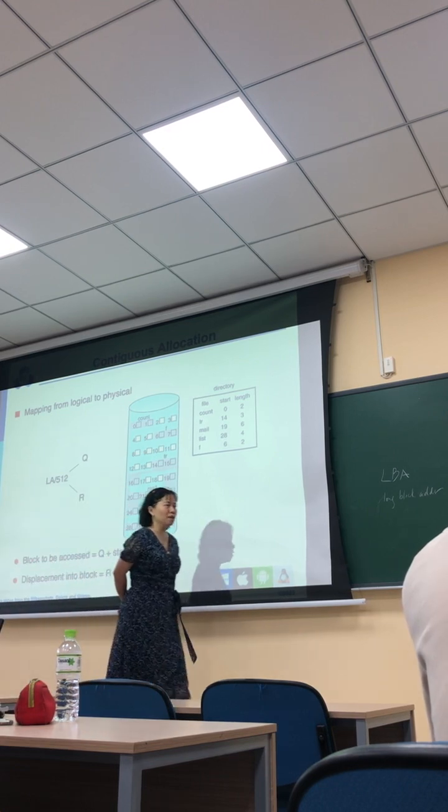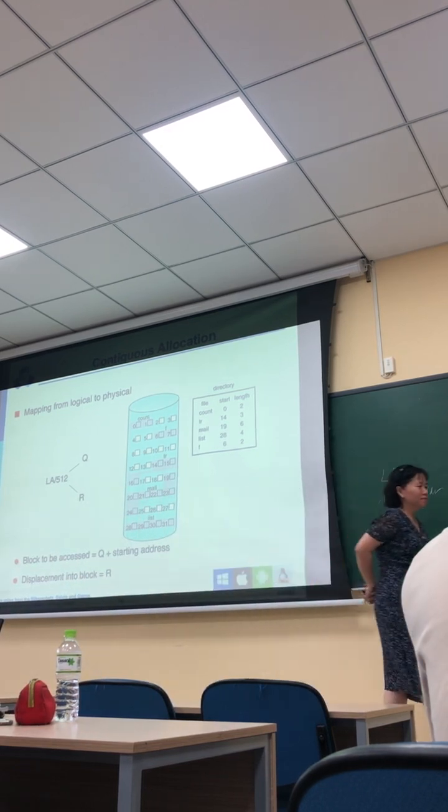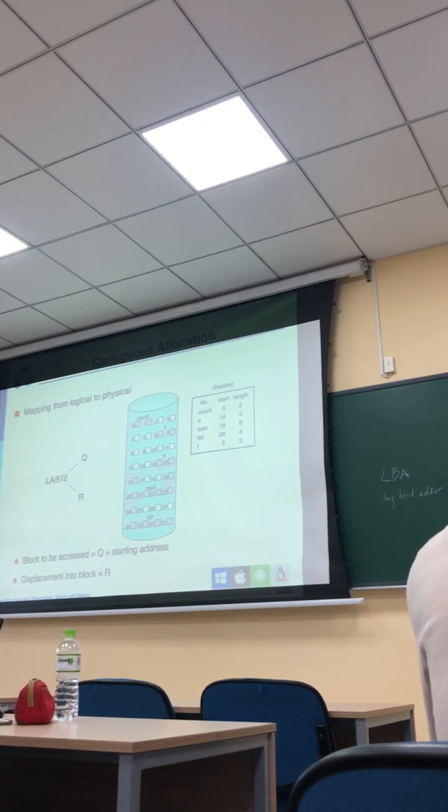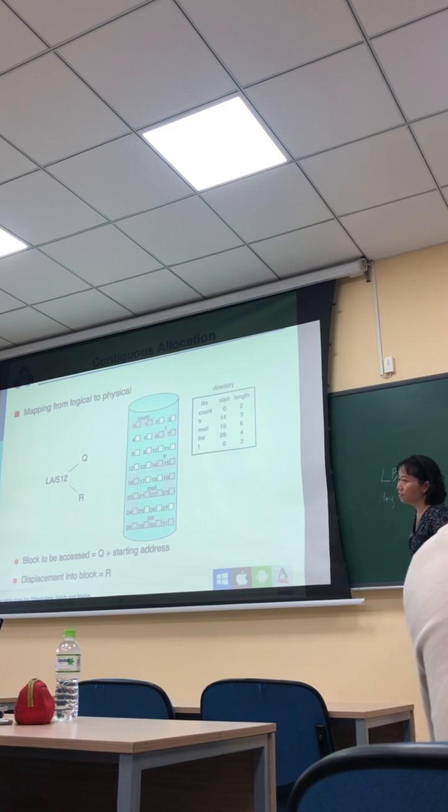The certain block of file list, say the index 1. This means we have 0, 1, 2, 3. Okay, so for that block, the starting position is 28. Okay?